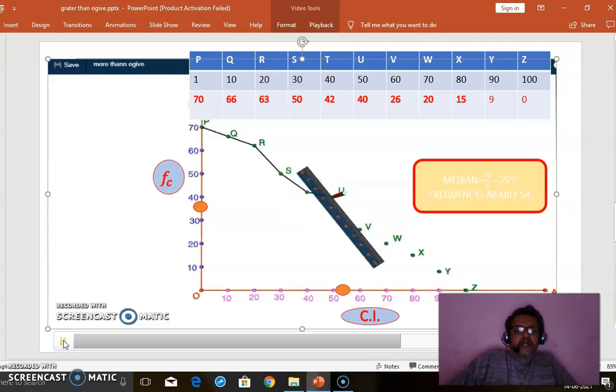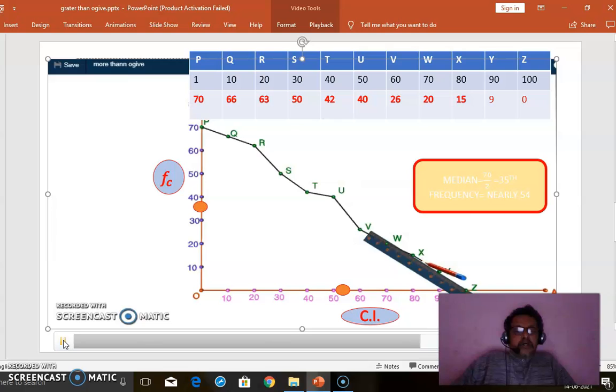Join these, and now you will get the greater than ogive like this. So take a graph sheet and draw this. Don't draw on an empty sheet; it is better to take a graph sheet. If no graph sheet is available, then okay, because the situation is like that.